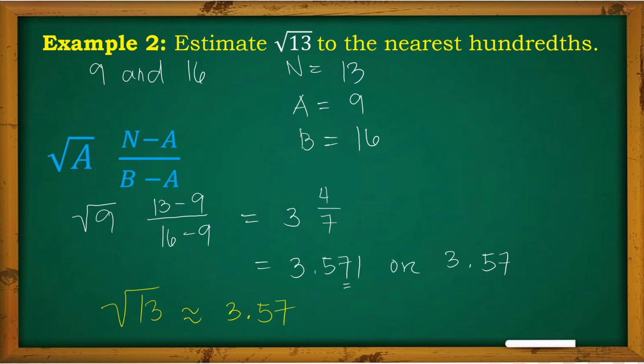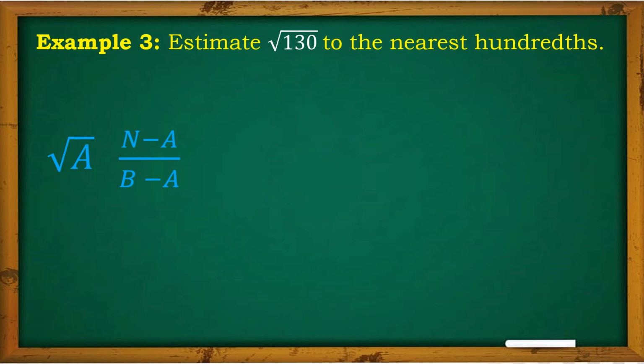Okay, for the last example, let us answer it. Estimate the square root of 130 to the nearest hundredths. So, identify muna natin kung anong dalawang successive perfect square siya matatagpuan sa pagitan. So, that would be 121 and 144, diba?